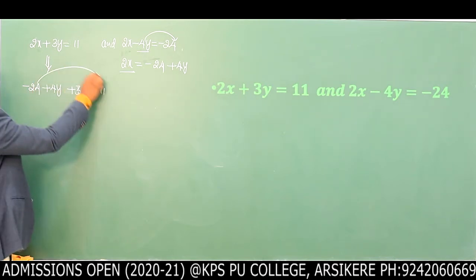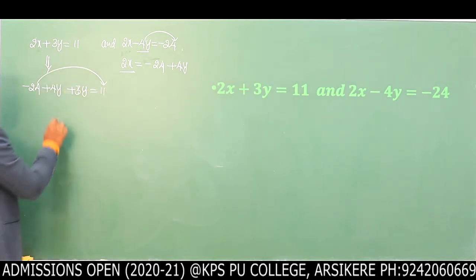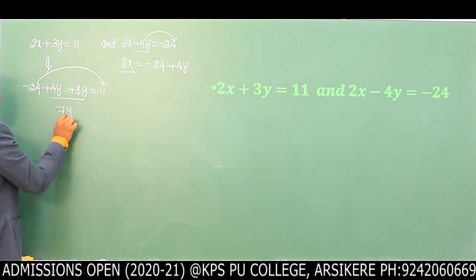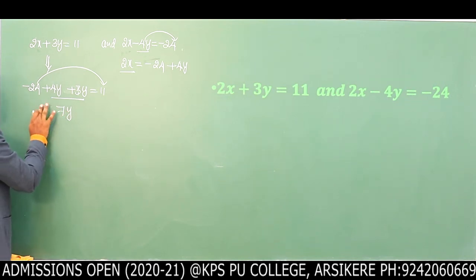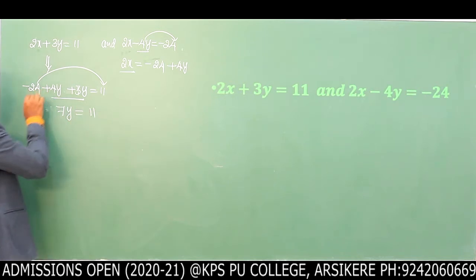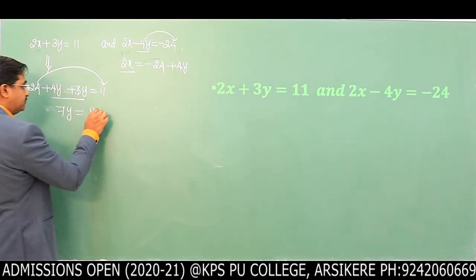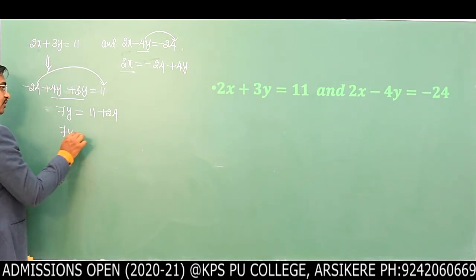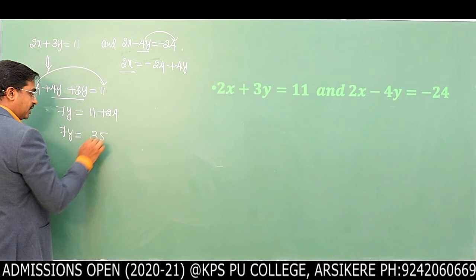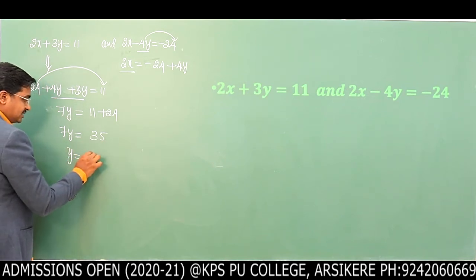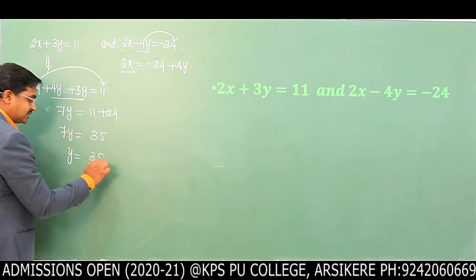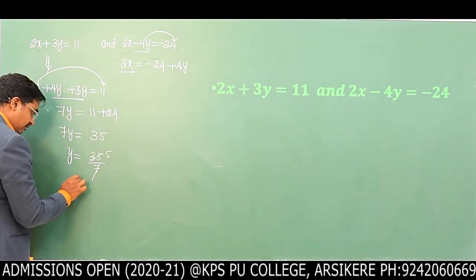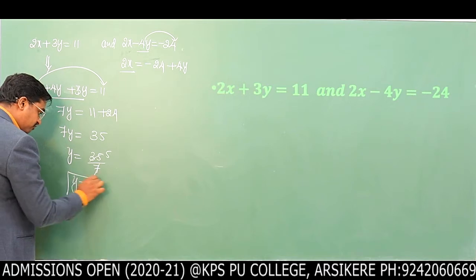Now take this minus 24 to the right hand side. First add the terms, 7y is equal to 11 minus 24, which becomes plus 24, so 7y is equal to 35. So what is y here? y is equal to 35 divided by 7. 7 ones are 7, 7 5s are 35, they get cancelled. We are left with the value of y as 5.